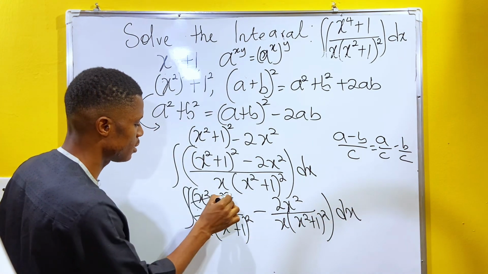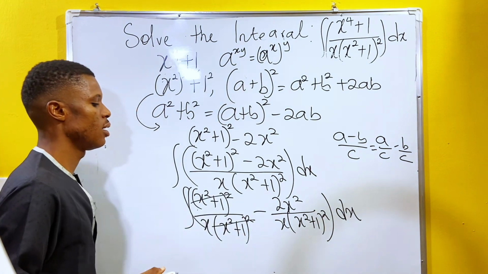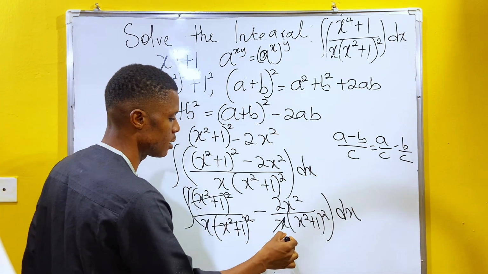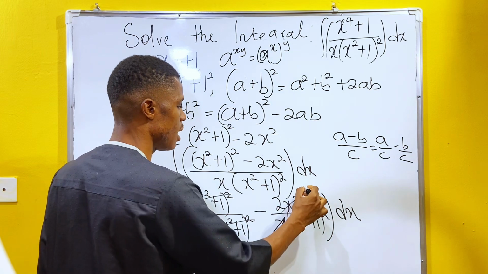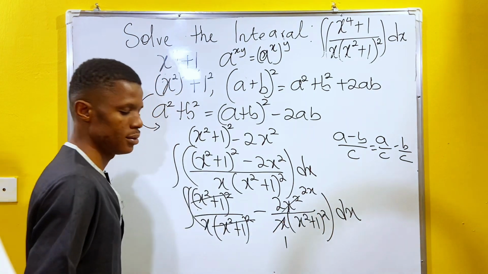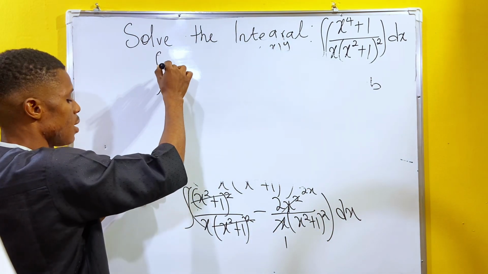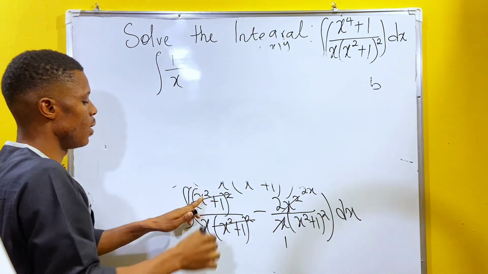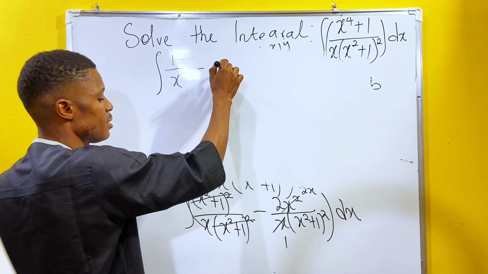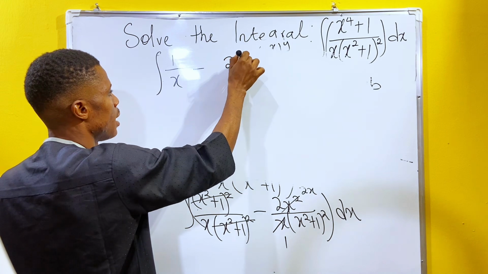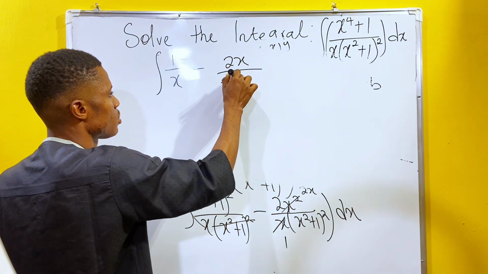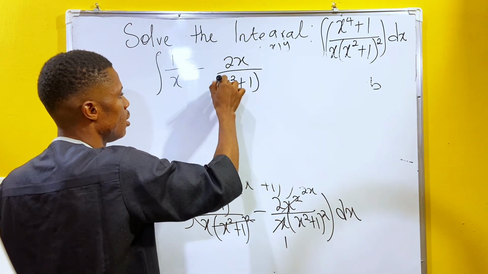So that this will now cancel out this. Then x will cancel to get 1. If you divide this, you have 2x left. We are left with the integral of 1 over x, then minus 2x over (x squared plus 1) all squared.